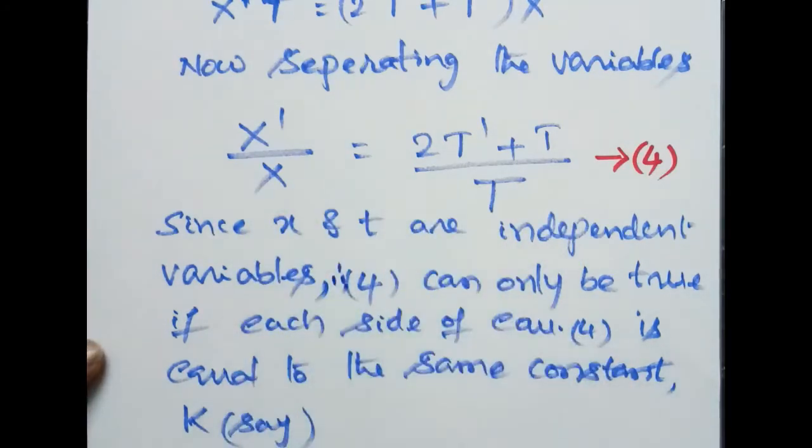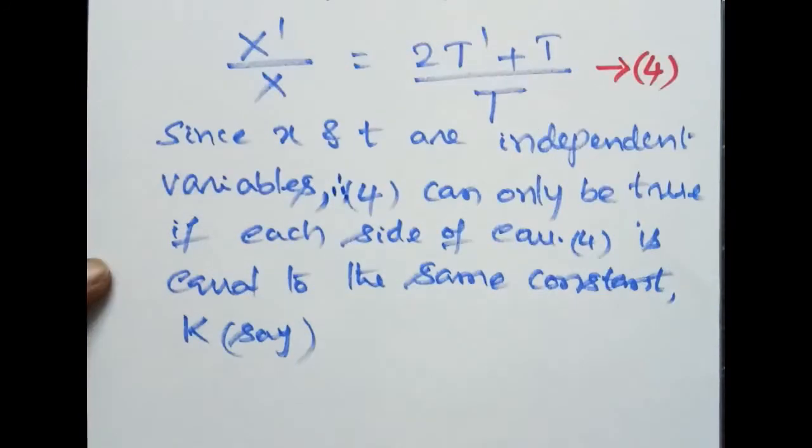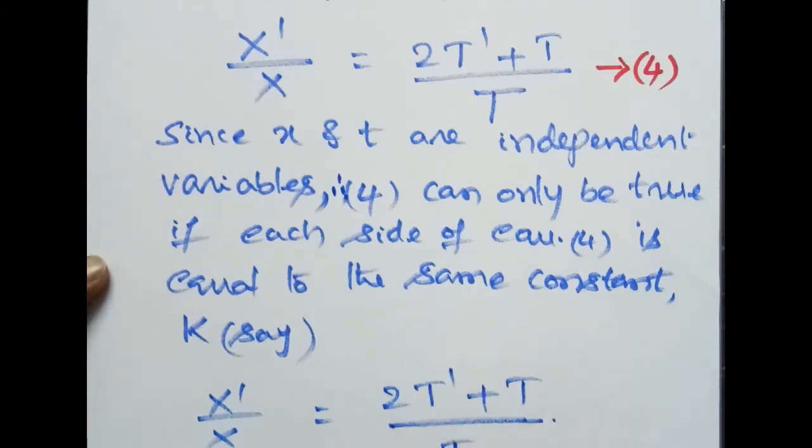Therefore that can be written as X dash by X equal to 2T dash plus T by T, equal to some constant k.